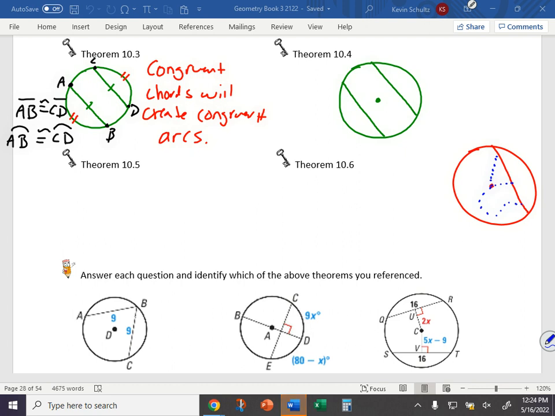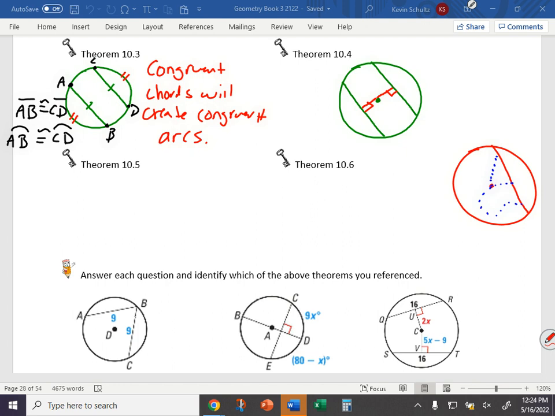The closest. And how do you ensure that you're measuring the closest distance? It's perpendicular. So from the center, we're going to make a perpendicular segment to each chord. That ensures that you are measuring the closest distance.